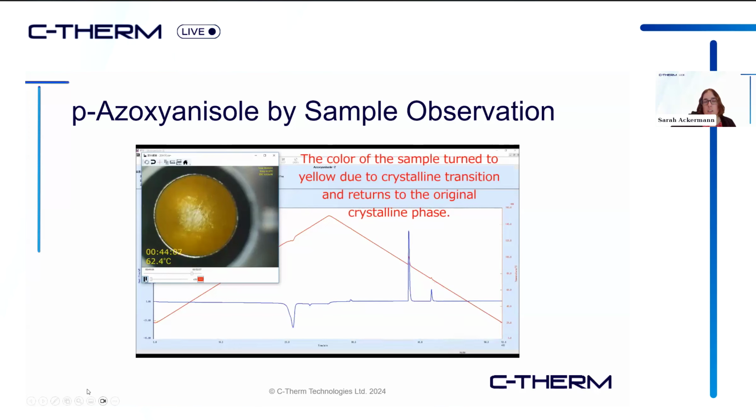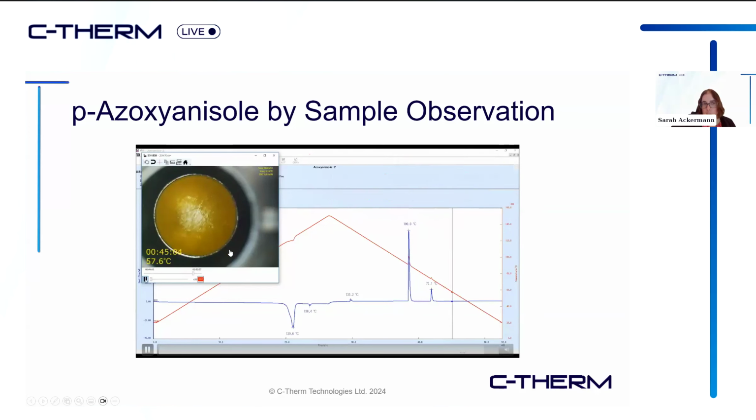So without additional visible information, it would be hard to understand why the heating cycle shows really a single peak in that crystal to liquid crystal transition range. We can see that there are probably two overlapped events in this peak here, but it's hard to understand why we have such a large separation on cooling.